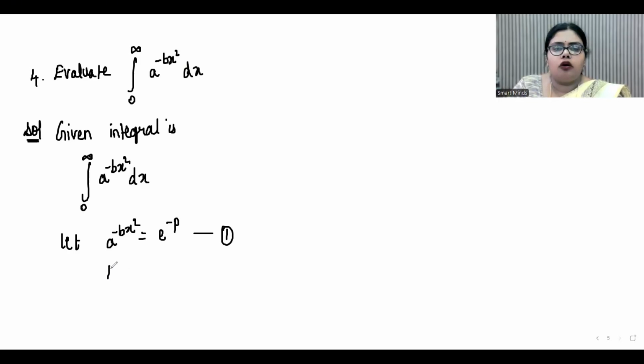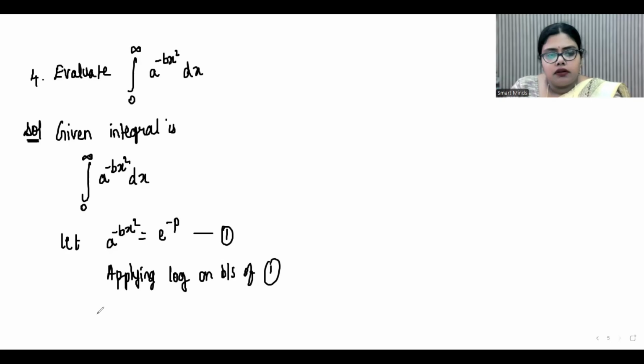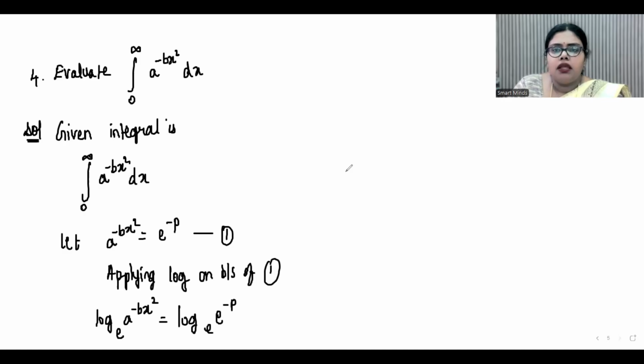Now applying log on both sides of equation number 1. So you get log a power minus bx square to the base e is equal to log e power minus p to the base e. Now from logarithms we know that log a power m is equal to m log a.